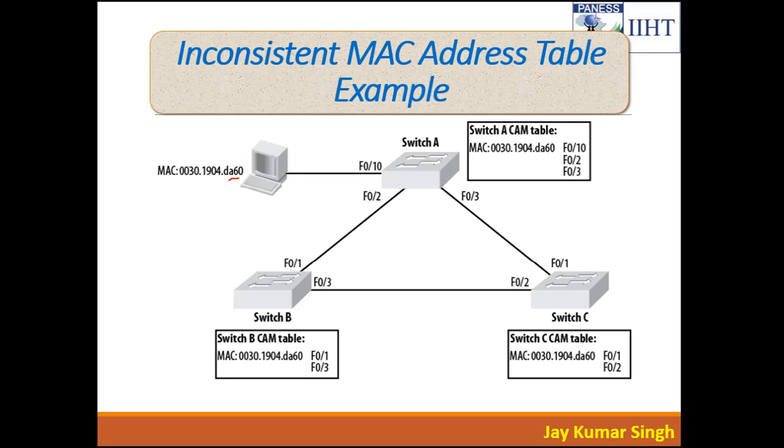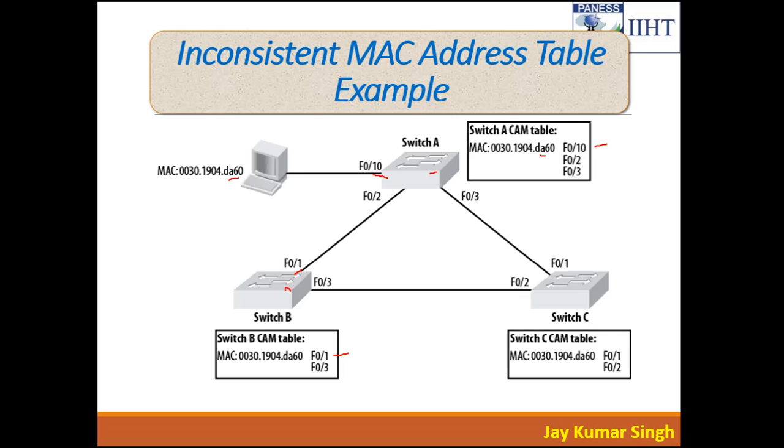This 0030 will be the, see, all switches will create a MAC table, right? So this switch will say that I have one PC connected to me. This is the MAC address and it is connected to me via F0/10. Now this switch will say that I have one MAC address which is traveling in the network, and that MAC address is reachable via F0/1.